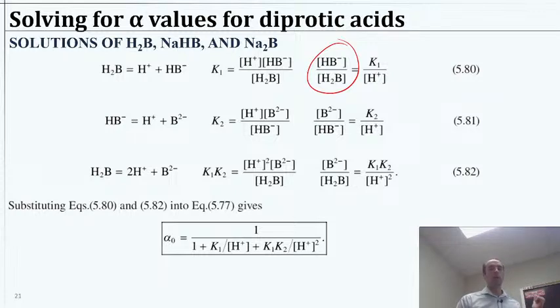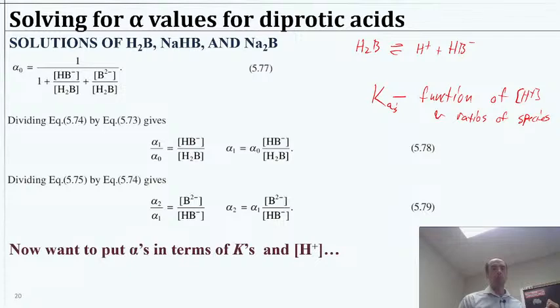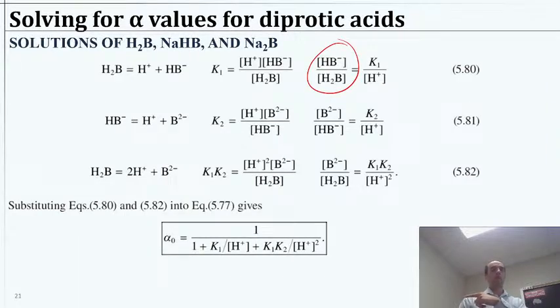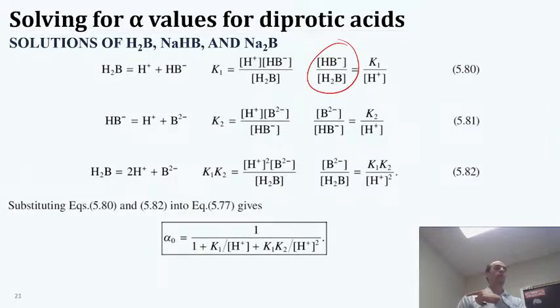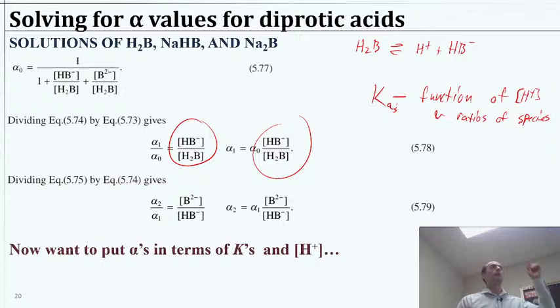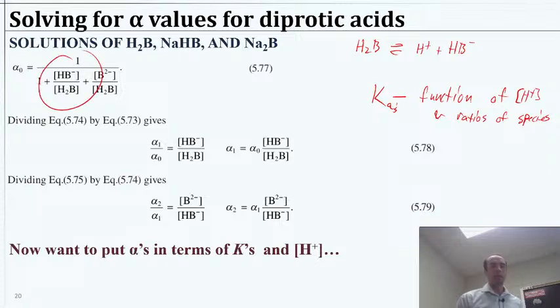So anytime we find HB minus divided by H2B, right here, for example, we can insert that K1 divided by H plus. So that's where we're heading. We're going to insert Ka and H plus values into these equations as we pursue the simplification. We can also insert that right here, right? That's the same group there.